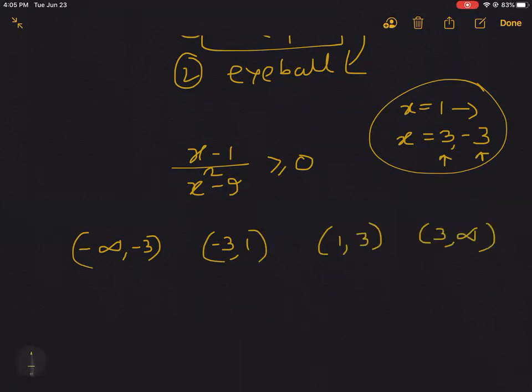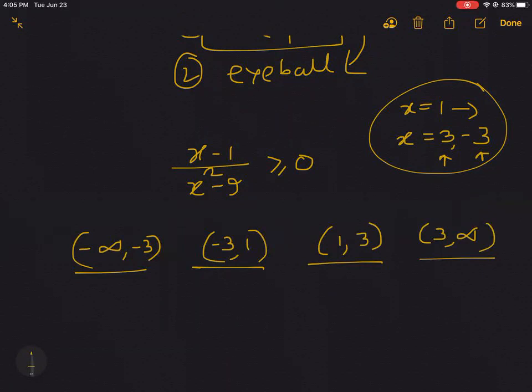Do you guys remember this from the last lecture? We can subdivide the entire set of real numbers by rewriting like this.